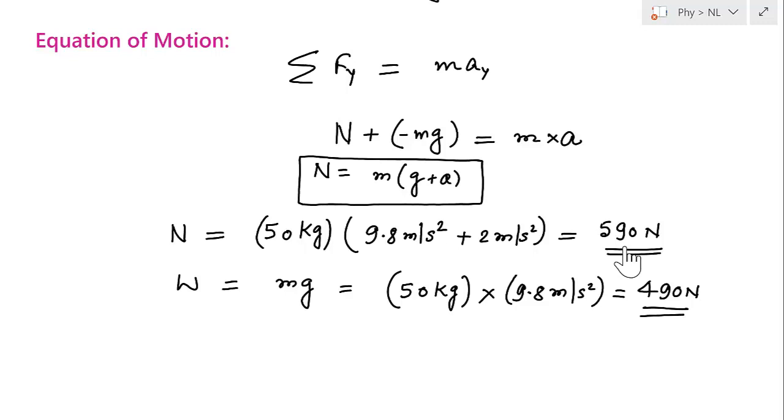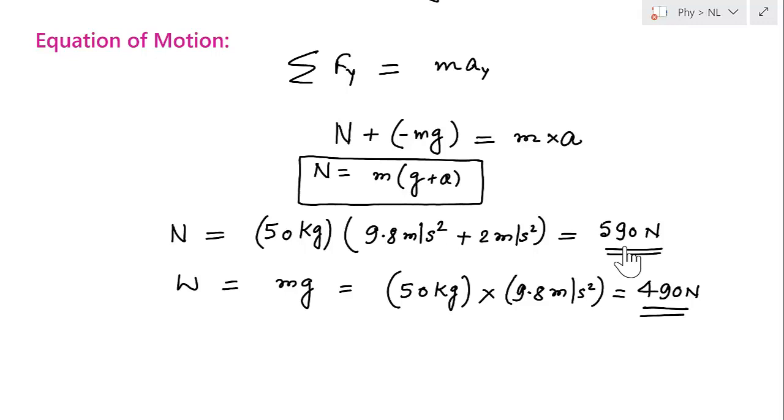So when that elevator is going in the downward direction, this is coming to rest. By decreasing its speed, to decrease the speed, elevator is applying a force in the upward direction. In other words, we can say to have an acceleration in the upward direction, this lift is applying a force in the upward direction, and that's why her apparent weight has increased by 100 Newton.